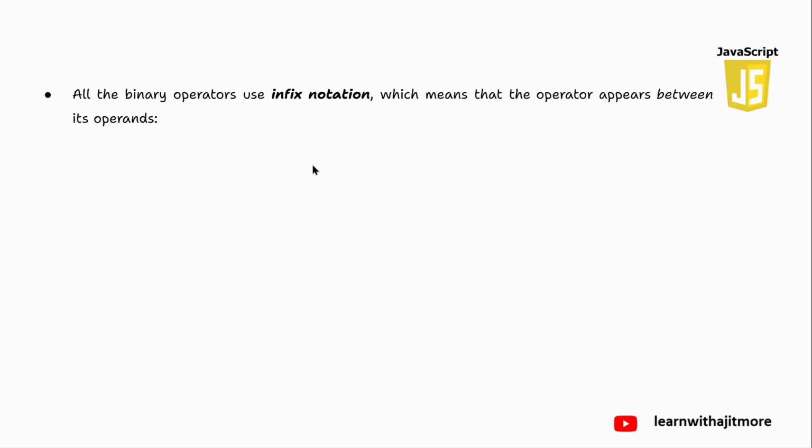And infix means what? The operator is between two operands. Okay, because it's a binary operator. Binary operator works on two operands. So the operator is between those two operands, which means that the operator appears between its operands. See, operand 1, operator, operand 2.